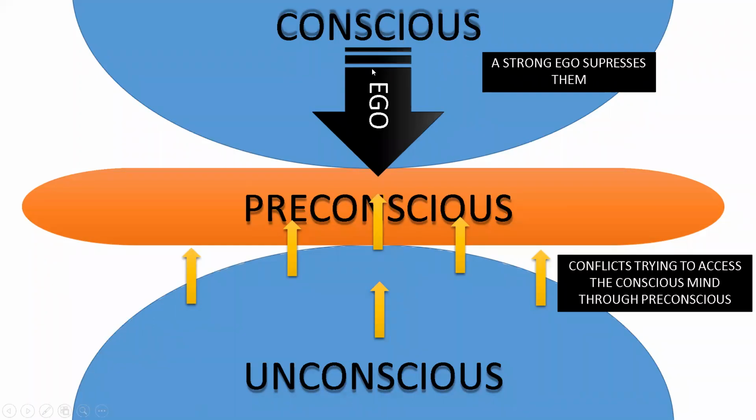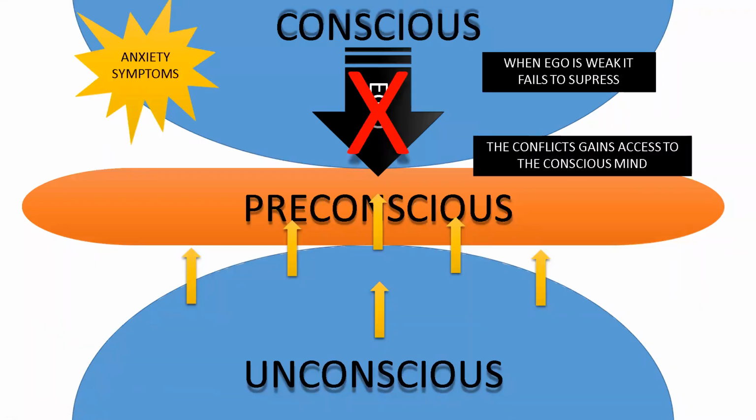But there is a strong ego here. When there is a strong ego, it does not allow the impulses from the unconscious to go through the preconscious to the conscious level. So in this psychoanalytical technique, what they usually do is remove this ego. When the ego is weak, it fails to suppress.